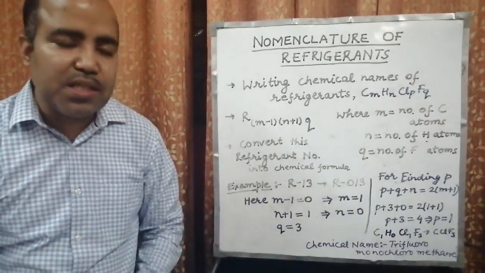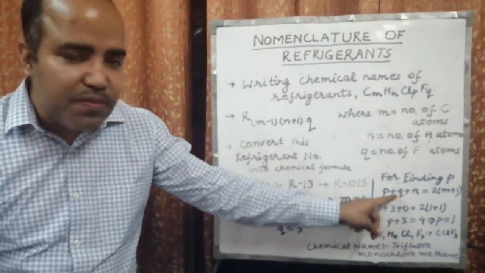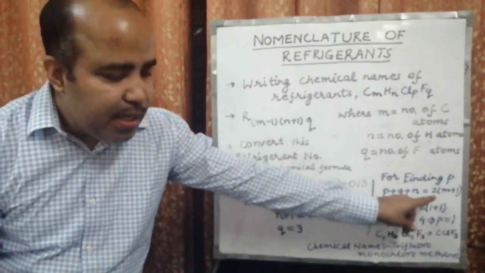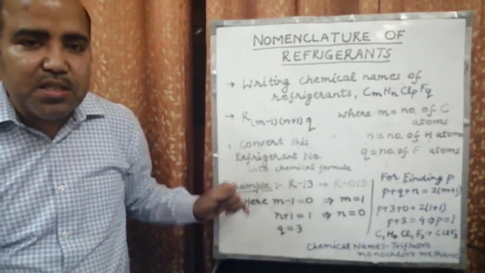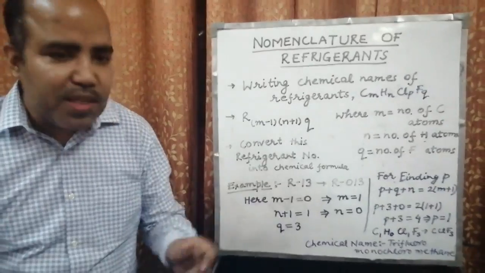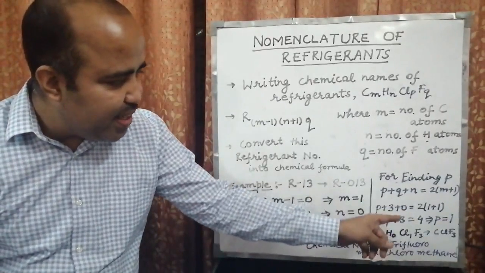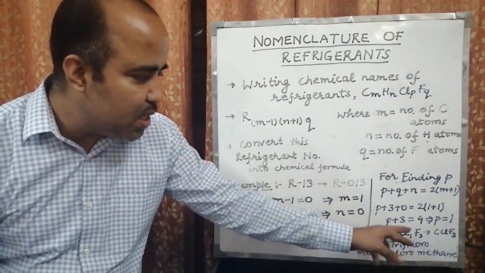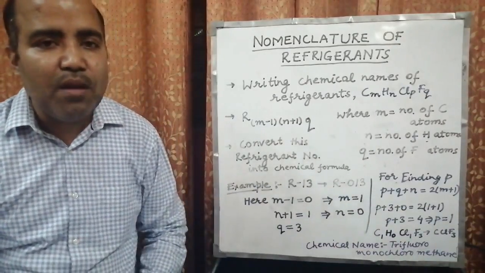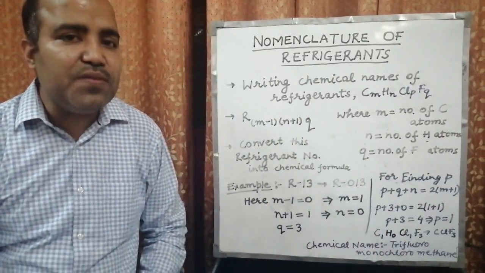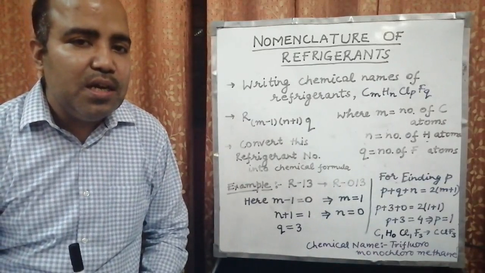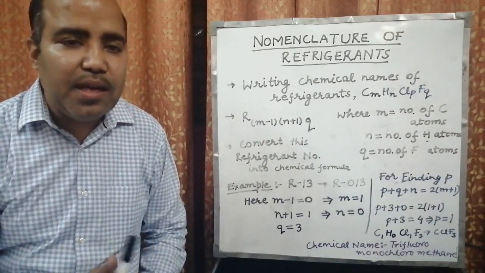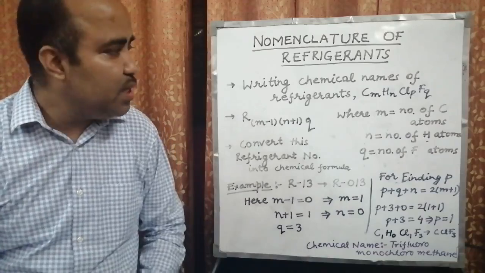In this equation we put the values of Q, N and M, which we have just found, and we get the value of P as equal to 1.